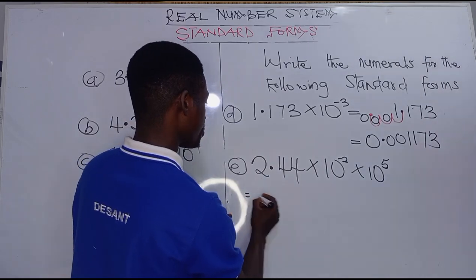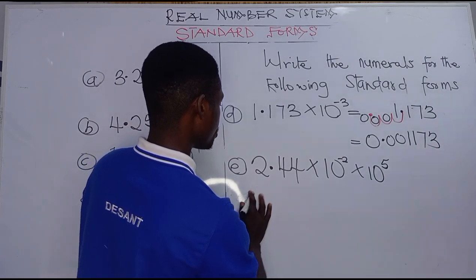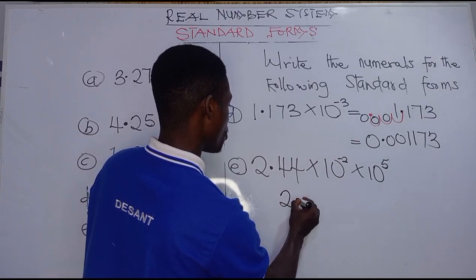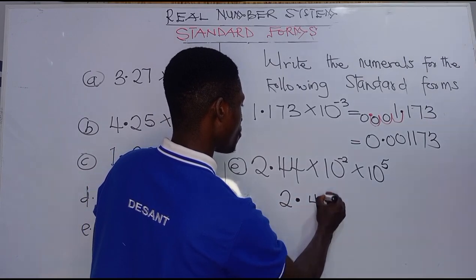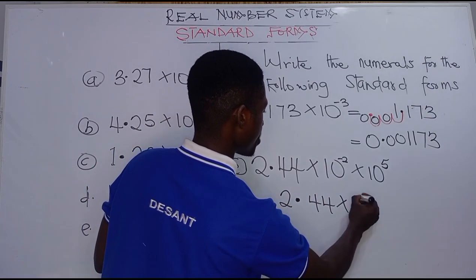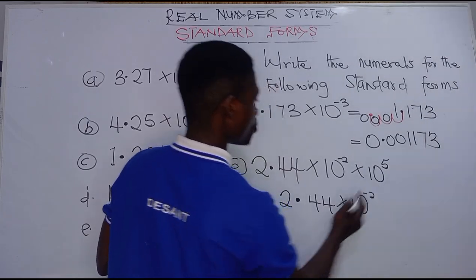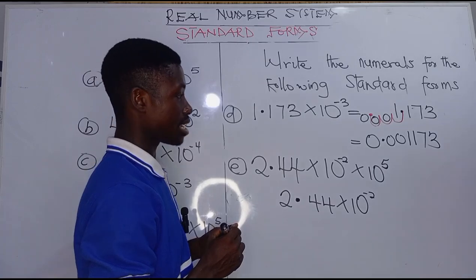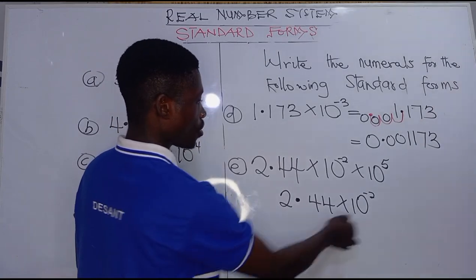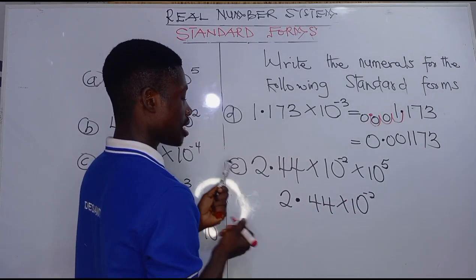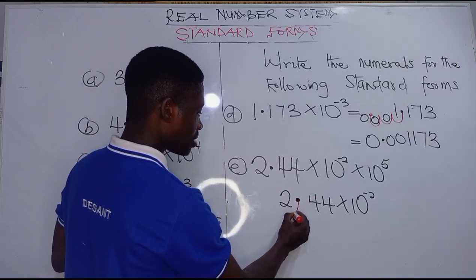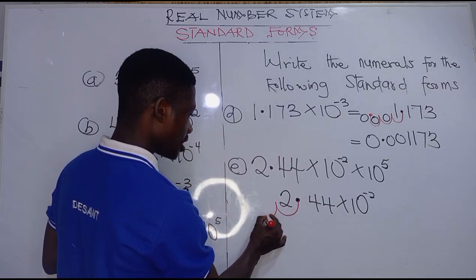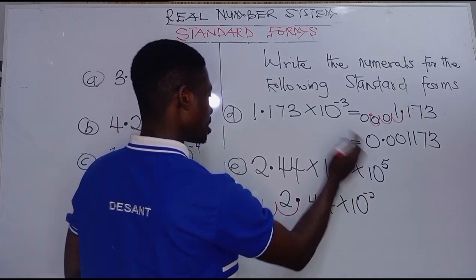So let's start with the negative power. So we have 2.44 times 10 raised to the power negative 2. Let's start with this. After that, we move on to the power of 5. So a negative power tells us that we have to move the decimal point to the left 2 times, and it's based on the power.